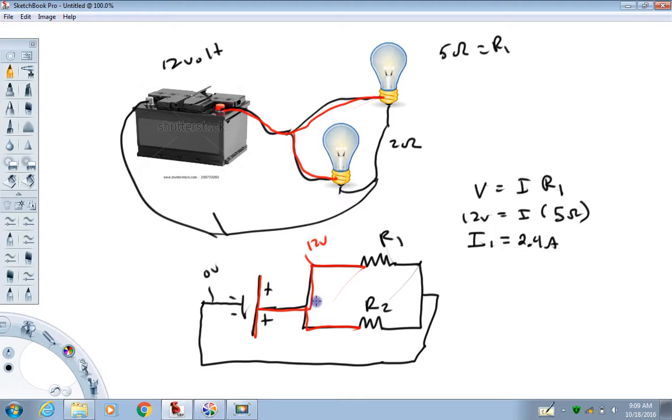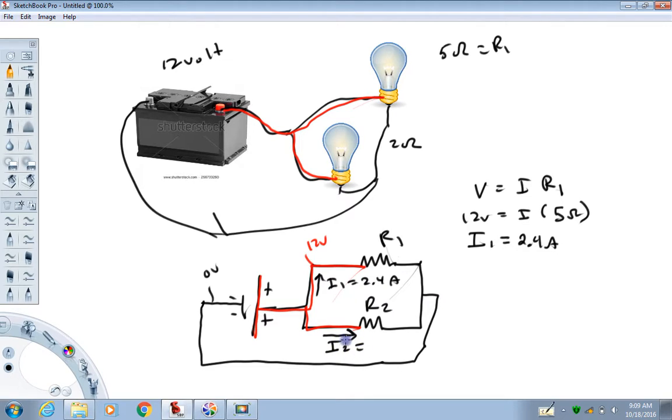So now we know that the current anywhere in this branch is 2.4 amps. So I'm going to go ahead and in this picture maybe put my current I1. We just found that, 2.4 amps. Right? Bulb 2. Now you'll notice that red is 12 volts, black is 0. So the current through R2 is going to go this way. Current always goes from higher to lower potential.